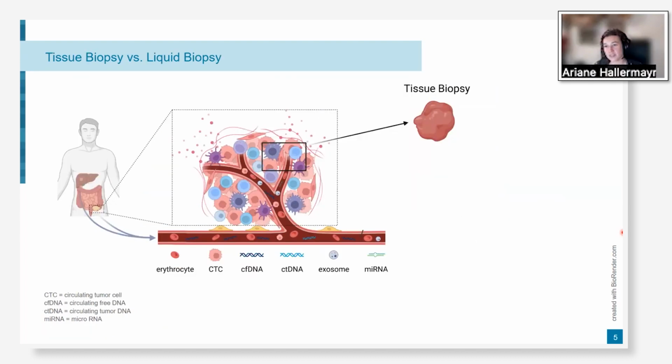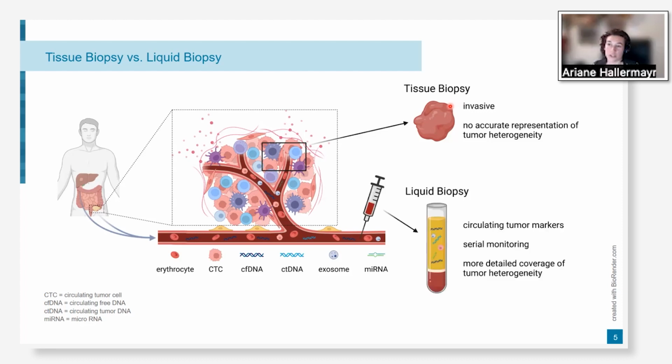In general, those genetic variants are analyzed from tissue biopsies. However, tissue biopsies are invasive and do not accurately represent the entire tumor heterogeneity, as they are taken from one distinct tumor site. An alternative, where lots of research is going on within recent years, are liquid biopsies.